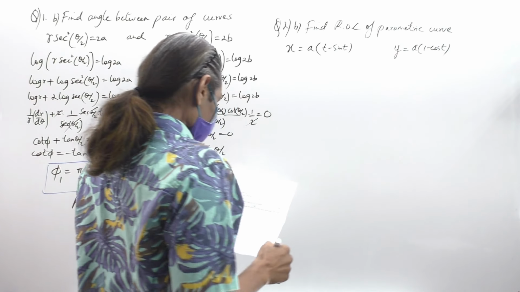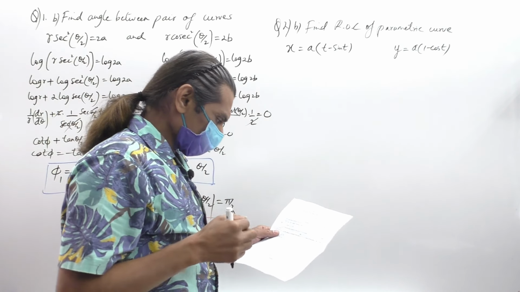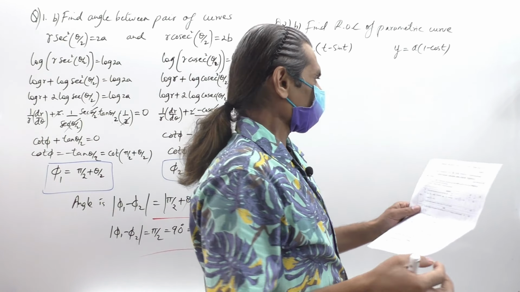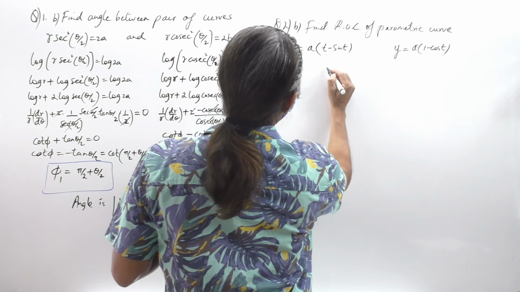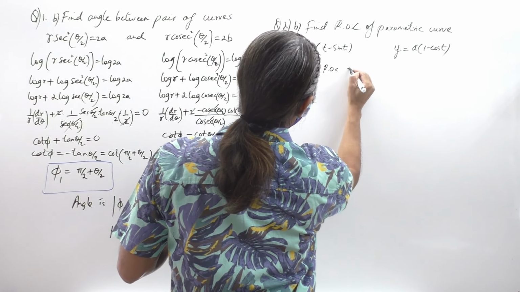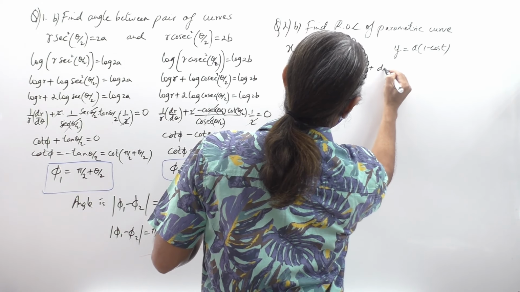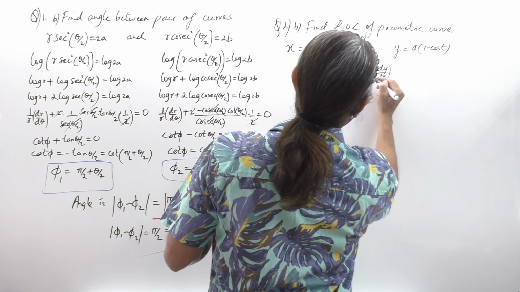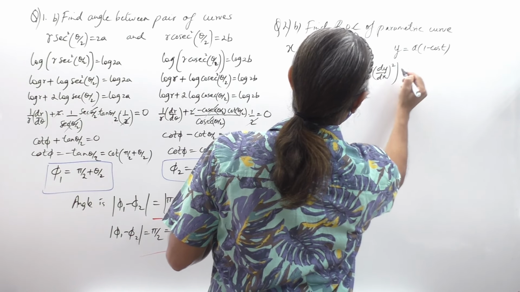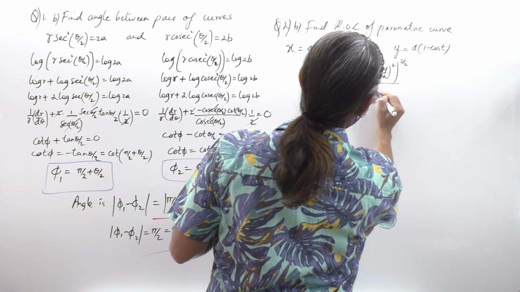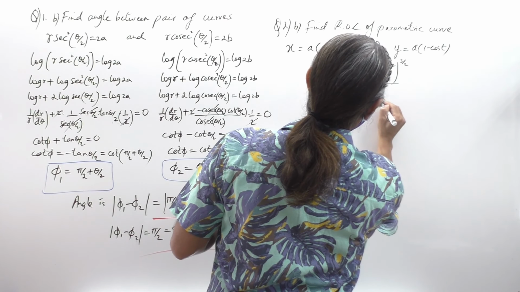Okay, so we'll solve this the easy way, using the Cartesian method only, because as you know, the radius of curvature for a Cartesian curve is given as rho is equal to 1 plus dy by dx the whole square, whole raised to 3 by 2, upon d square y by dx square.